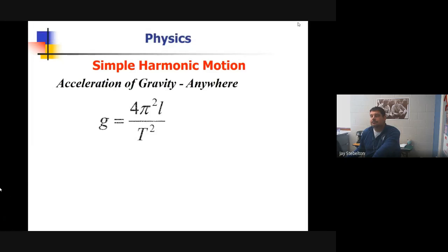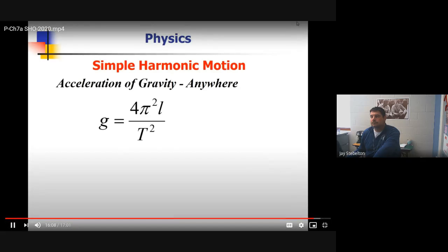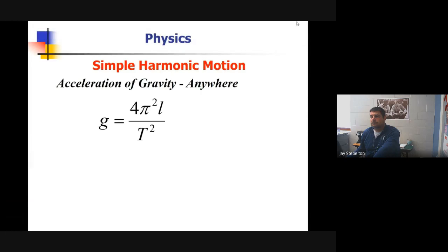Not only here, but anywhere. This will work on any planet or moon you wish to visit. The acceleration of gravity at that point will be 4 pi squared L over T squared. 9.8 meters per second squared only works on planet Earth at sea level.